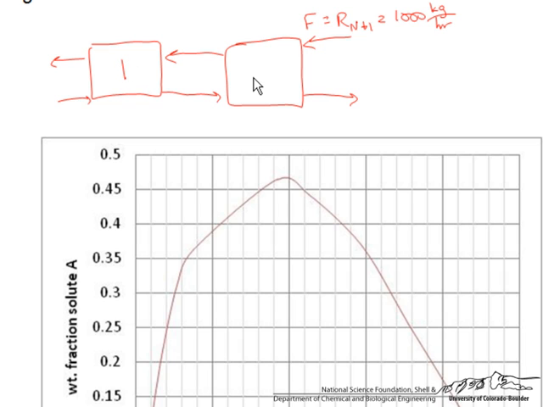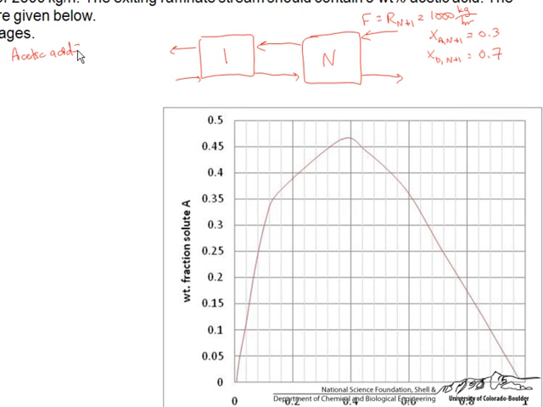This is stage 1, and here we have stage 2. We also know what the composition of the feed is. It's XA on stage n plus 1 equals 0.3, and XD on stage n plus 1 equals 0.7. And let's just remind ourselves that the acetic acid equals A, it's the solute, the water is the diluent, it equals D, and the isopropyl ether equals S, it's the solvent.